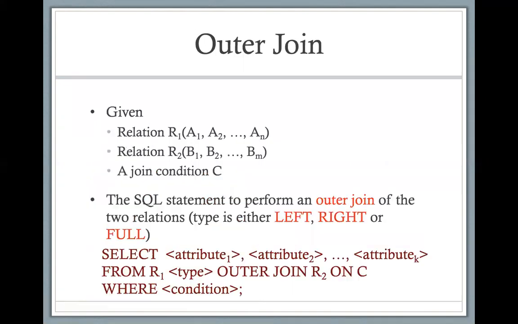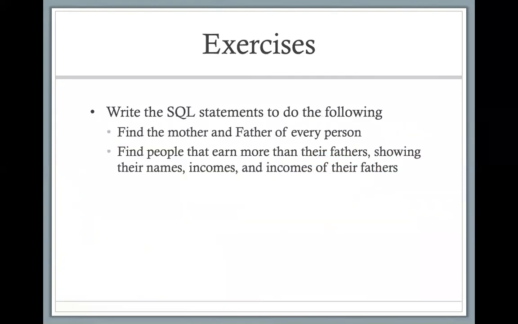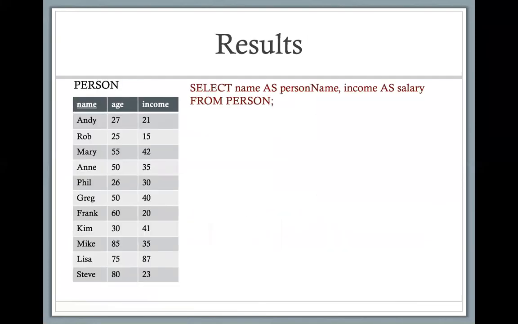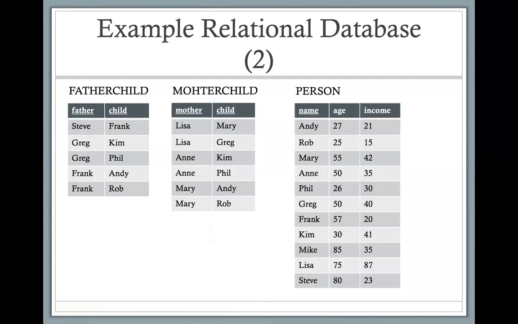Let's look at an example. Here, let's look at the table father child. If I do a left outer join between father child and mother child, such that the child in the first table is equal to the child in the second table, for Steve and Frank, do I have any matching record? Do I have the mother of Frank in the table mother child?